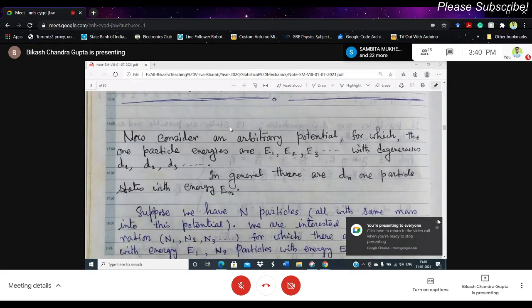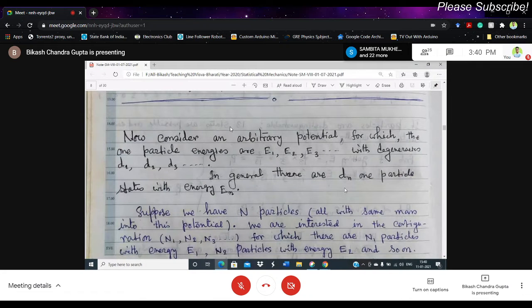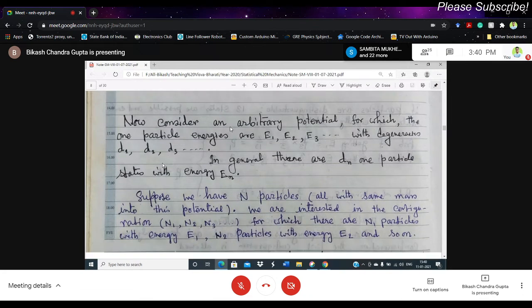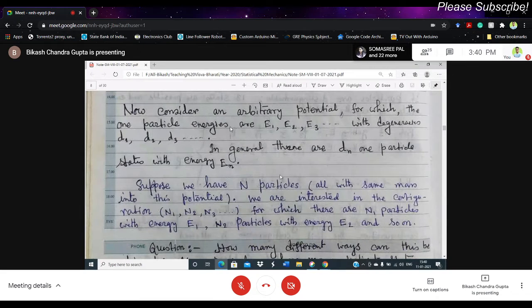So now consider an arbitrary potential for which the one-particle energies are, say, E1, E2, E3 with degeneracies D1, D2, D3.